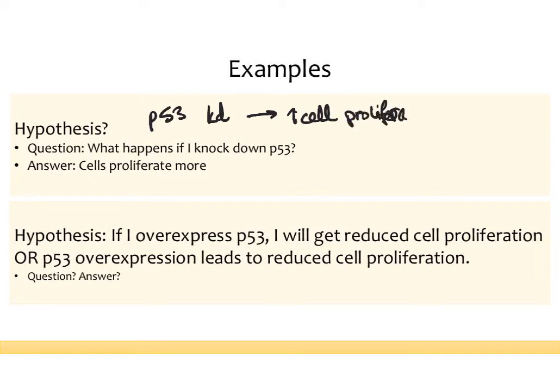Or as an if-then statement, if I knock down p53, I will get increased cell proliferation. That's a simple hypothesis. You can also go the other way and say, my hypothesis is that p53 overexpression leads to reduced proliferation. And if we broke this into a question and answer, the question would be, what is p53 overexpression doing? And the answer would be decreasing proliferation.